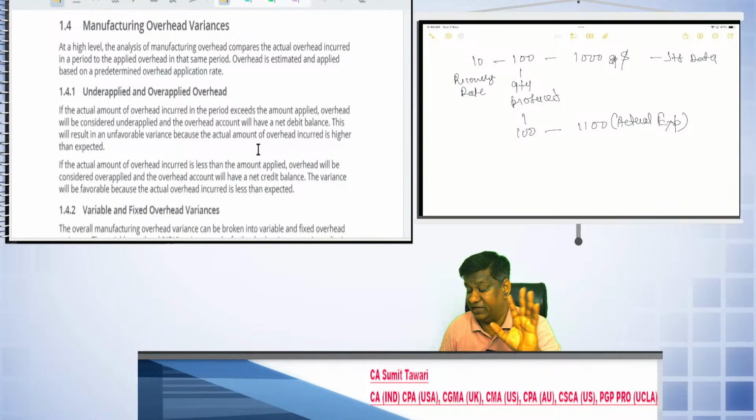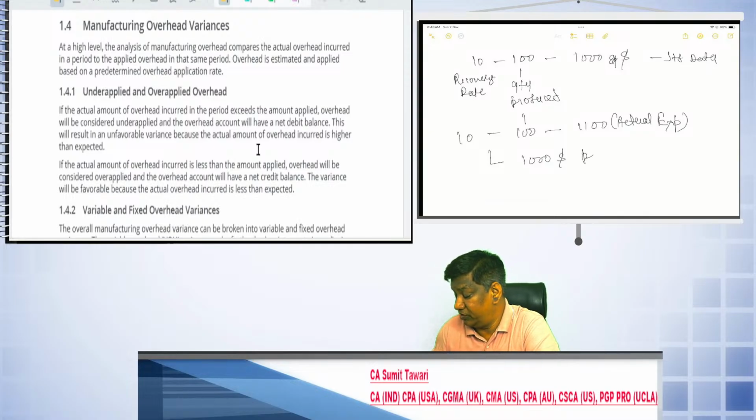So whatever it may be, I decided I am going to charge $10 per unit. So in my production cost of 100 units, I'm considering $10 per unit. So that's why I'm able to charge $1000. Okay, $1000 as a production overhead to my cost of goods sold, cost of goods manufactured.